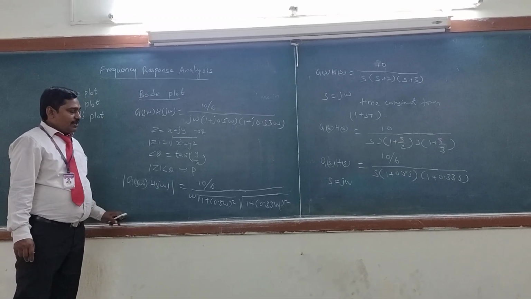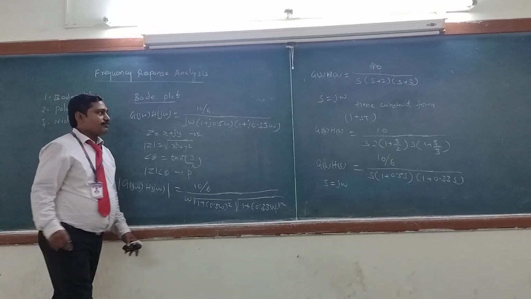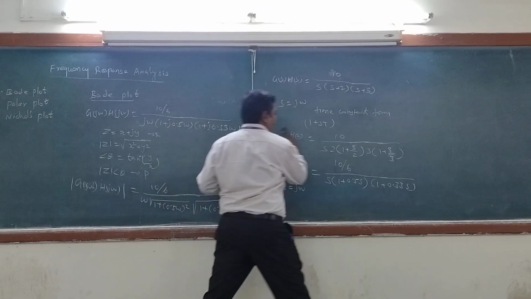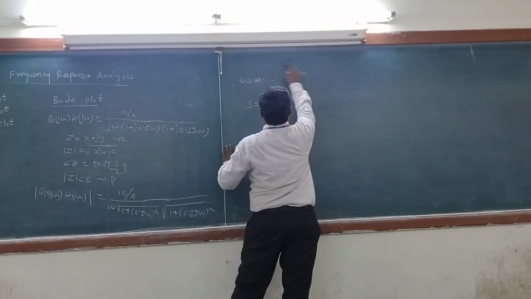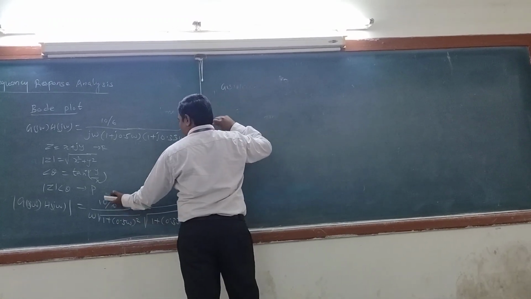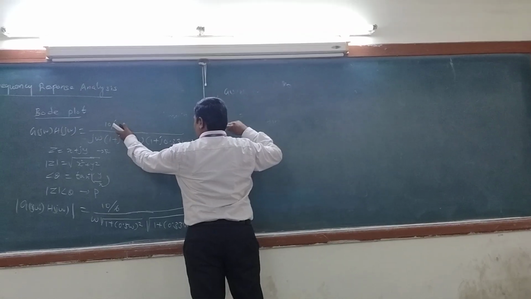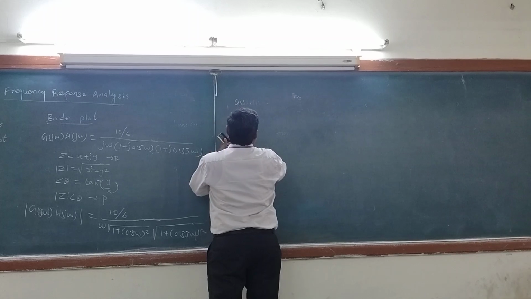Similarly, we need to represent the phase angle form. Okay. For the numerator there is no imaginary term, so 0 by 0 is 0, initial angle.